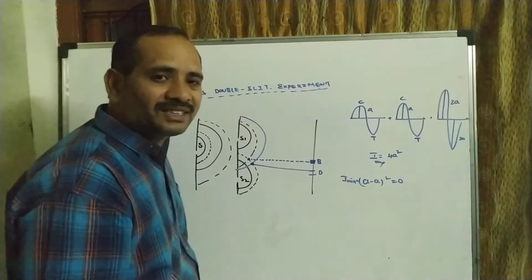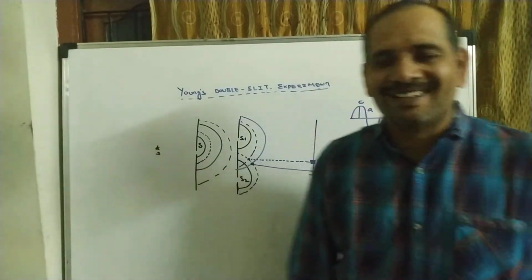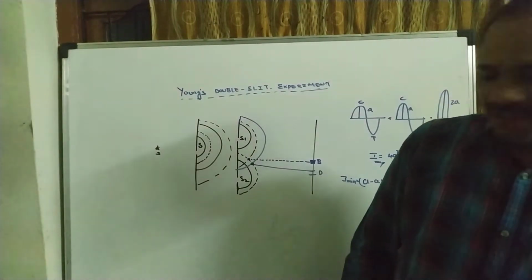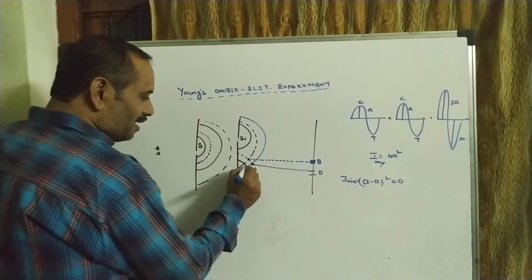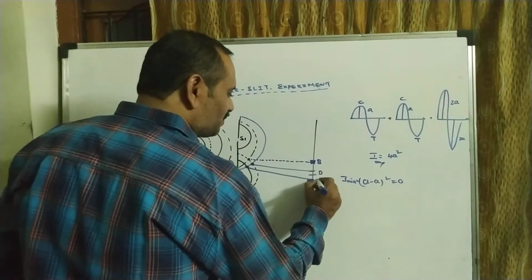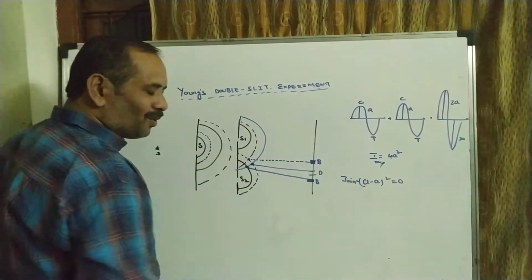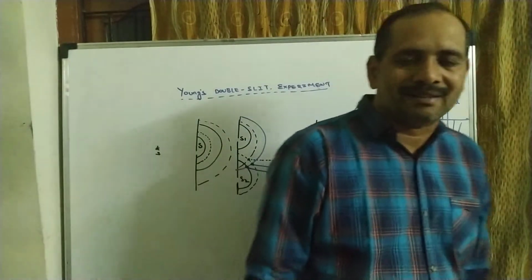It is a perfect dark band. I get superimposition of crest and trough. Clear, I think, sir. Next, here you observe it. Crest and crest superposed, once again a bright band is formed. In this way the whole screen is formed, with bright and dark bands successively on the screen.